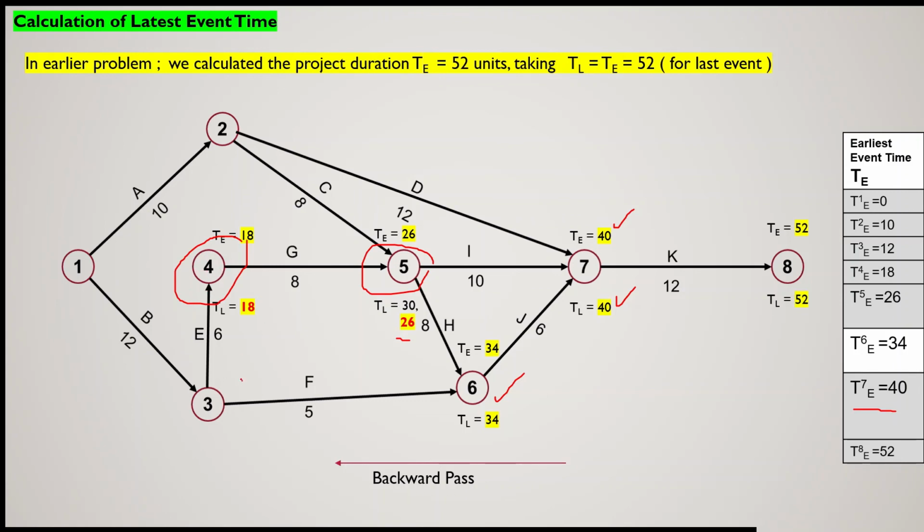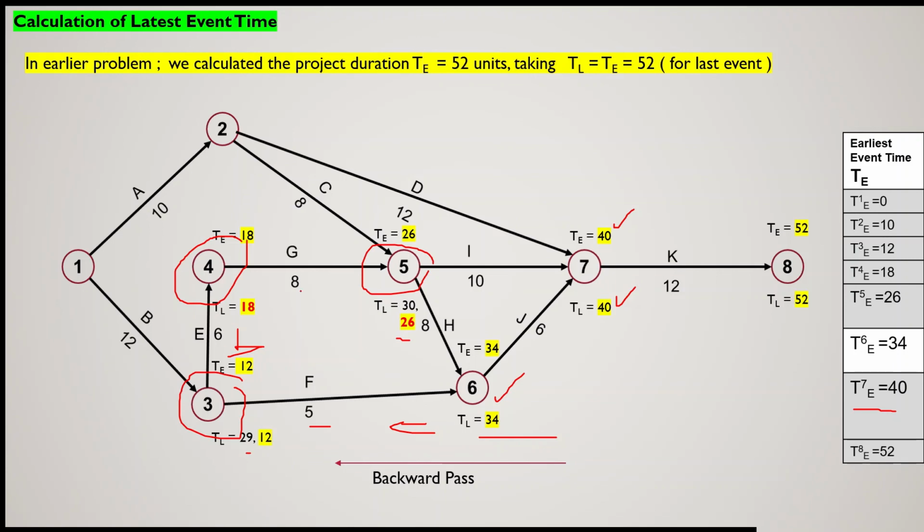Now if we go to event number 3. Event number 3 can be reached in the backward direction from event number 4 as well as event number 6. So they have two paths. If you go from event number 6 in the backward direction, then 34 minus 5 is 29.